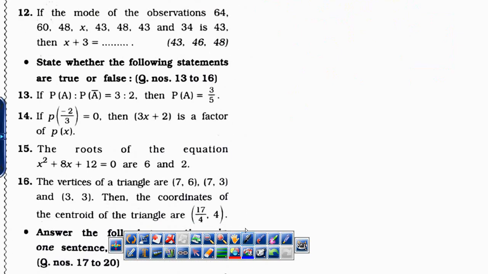Twelfth sum. The mode of the observation is 64. No, mode, if the mode is 43, that is how you read the question.